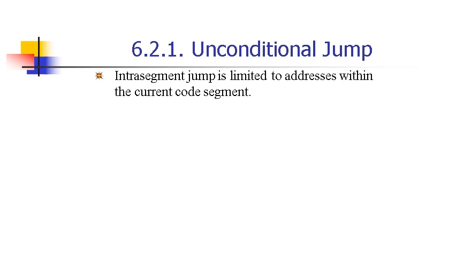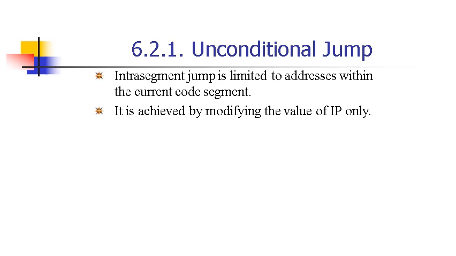Inter-segment jump, again, is meant to go to some new code memory segment. And the intra-segment jump, the jump within the currently active code memory segment, is done by modifying the value inside your IP. So you change the value inside your IP only.